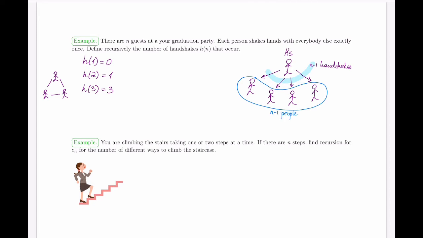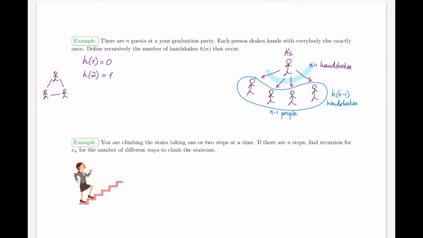In how many ways can n minus 1 people shake hands amongst themselves? Well, h of n defines the number of handshakes for n people. So h of n minus 1 defines the number of handshakes for n minus 1 people. Notice that we don't need to know how many that is. We simply need to have a notation for it. So let's write that down.